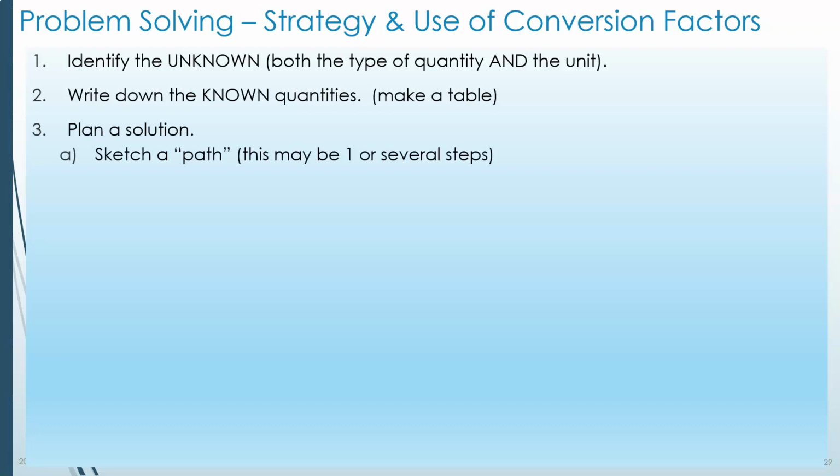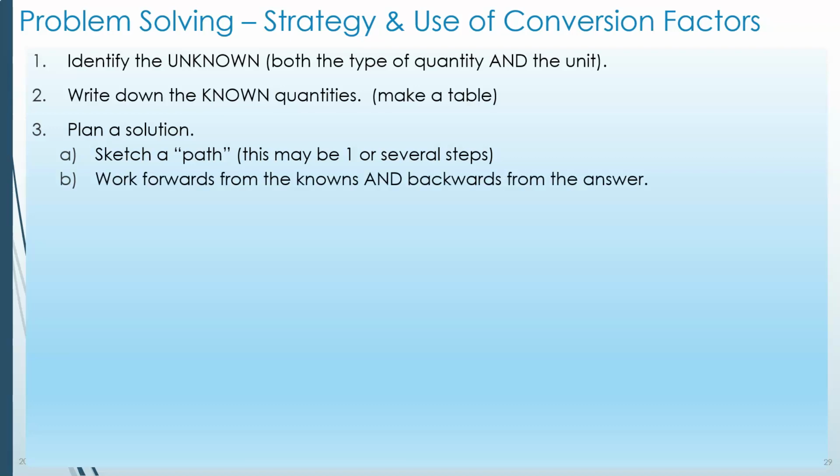Plan a solution. How do you plan a solution? If you know it's going to take multiple steps, start with quantities you know. For instance, you have the mass of something. Ask yourself, what can I turn the mass into? And then ask yourself, what is being asked at the end? Maybe it's density. Maybe it's the number of particles. I know what I need to end with.